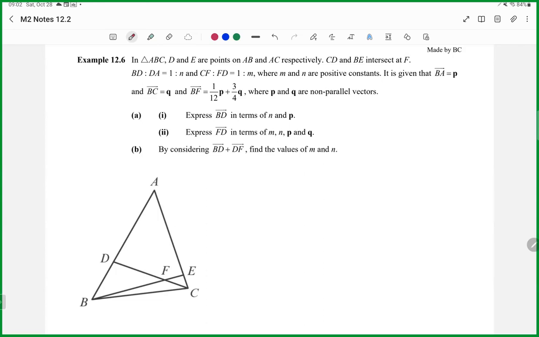In example 12.6, a triangle is given. CD and BE intersect at F, and this ratio is given. It's unknown, but it's given. BD to DA equals 1 to N. Doesn't mean BD equals 1, DA equals N. It just means the ratio is 1 to N.